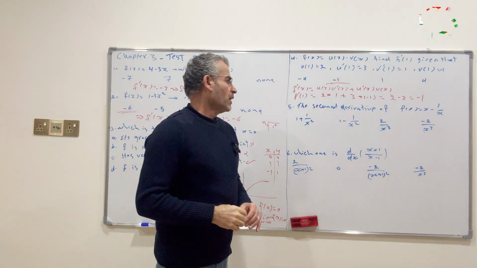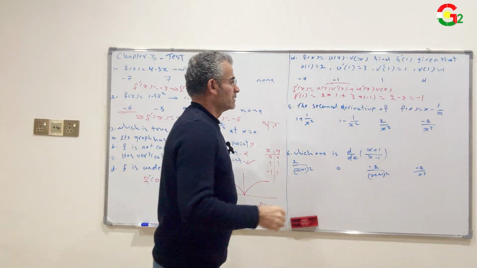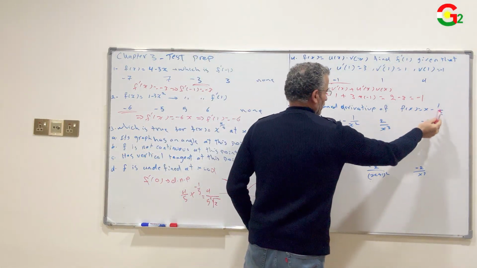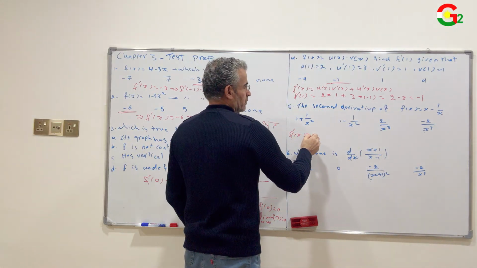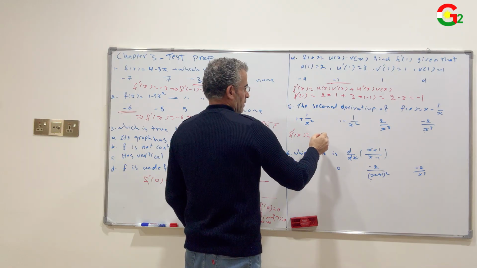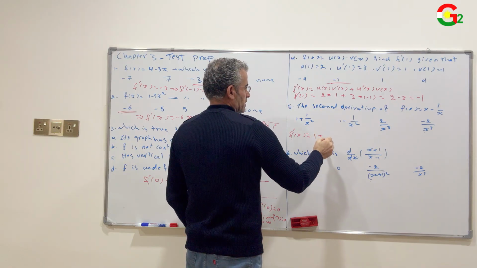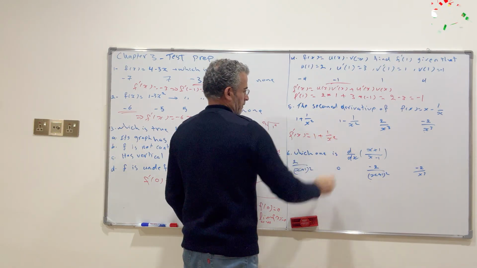Question number 5. The second derivative of the function f of x equals x minus 1 over x. The first derivative equals 1 plus 1 over x squared.